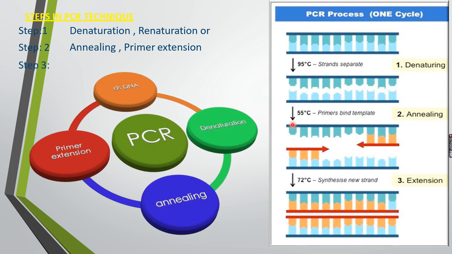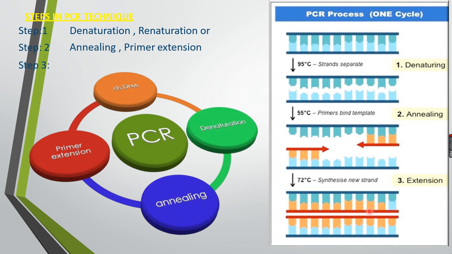At a temperature of 50 to 55 degrees Celsius, primers bind to the template DNA. This orange color is the DNA primer. What is the third one? Extension of the DNA primer. So here, this is a DNA primer. It can extend this side, and this DNA primer can extend this side.